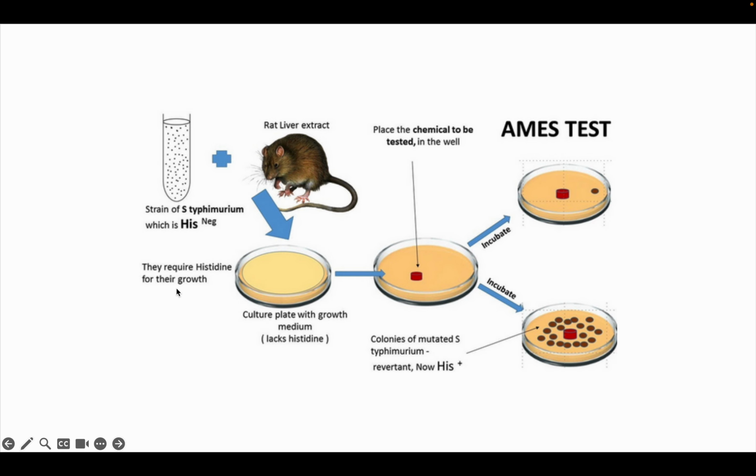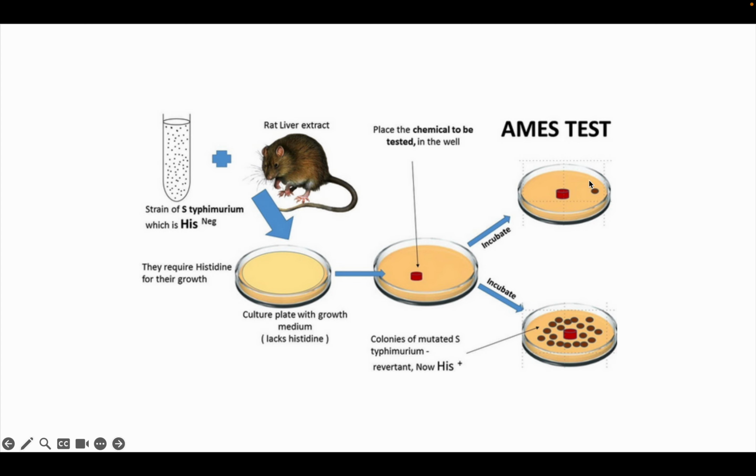When the plate doesn't contain any chemical and lacks histidine, nothing grows, because these strains require histidine for their growth. But then they place the chemical that they want to test in the wells and plate these bacteria. Only if the chemical causes more colonies will it be considered a mutagen. Then they incubate it.